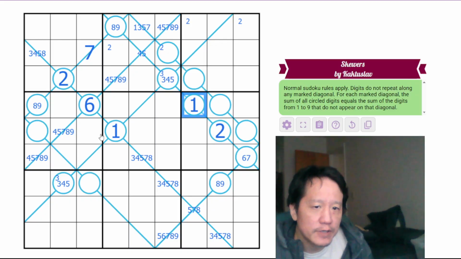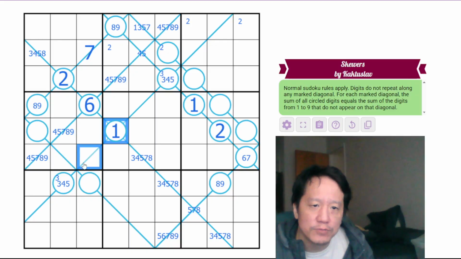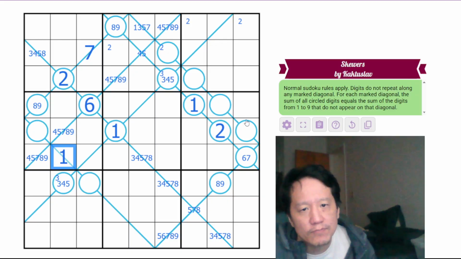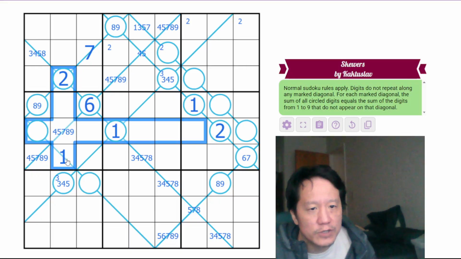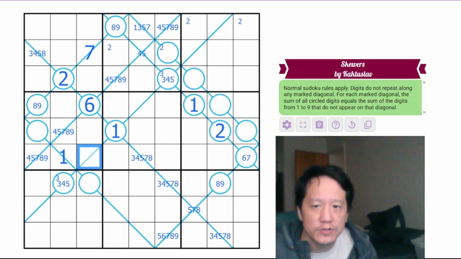So this is 1 here. Where is 1 in row 6? 1 cannot be here or here, because on this line can only be 1, 2. 1, 2, and 3 cannot be there. And this line already has a 1, so this must be 1 here. 2 cannot be here, 2 cannot be here, whereas 2 in box 4 can't be on this because of the no repeats on the line, so it must be here.